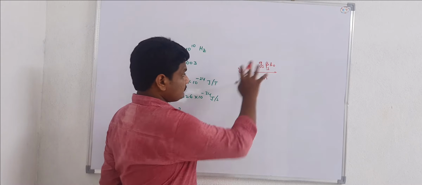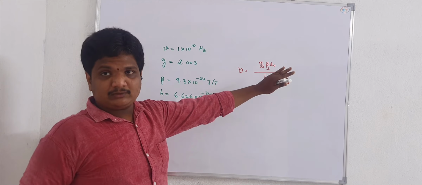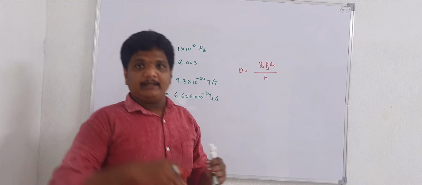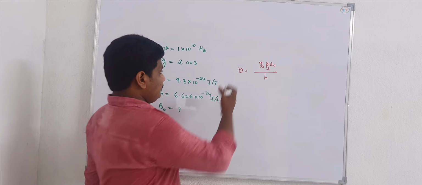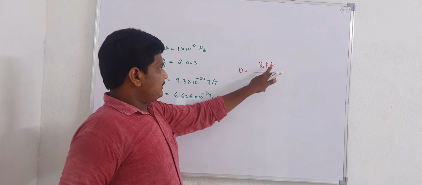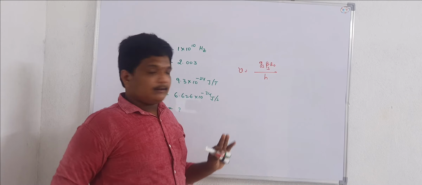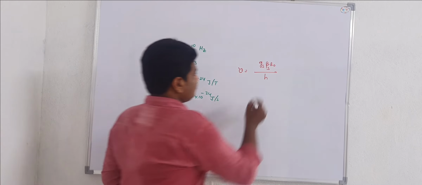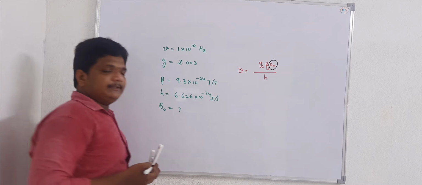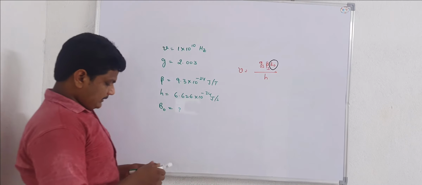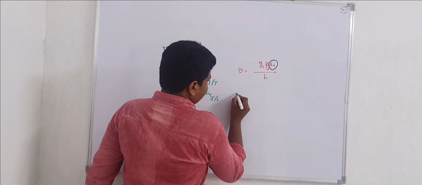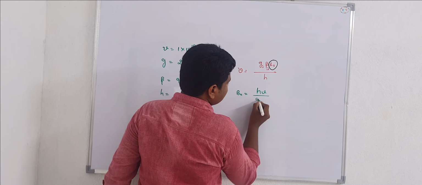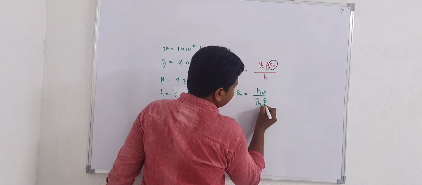This is the energy required to transfer the electron from one spin state to the other spin state. Here they have given g_s, beta_s, the Planck constant and the frequency, and they are asking us to calculate B naught. So B naught is equal to h nu by g_s into beta_s.